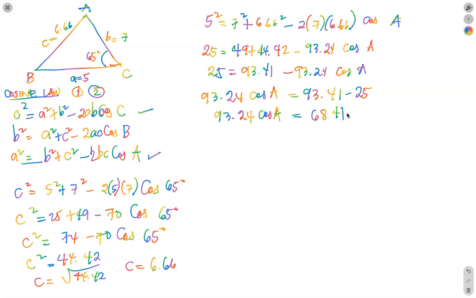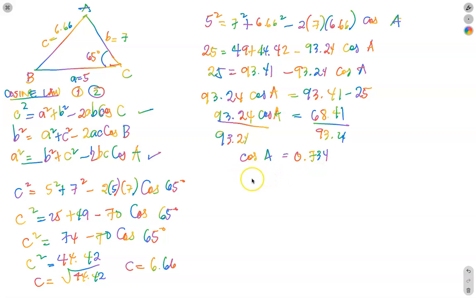68.41. So simplifying further, dividing both sides by 93.24, the result is cosine A is equal to 0.734.